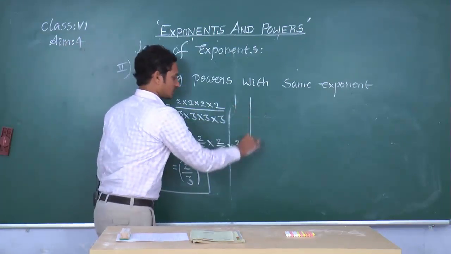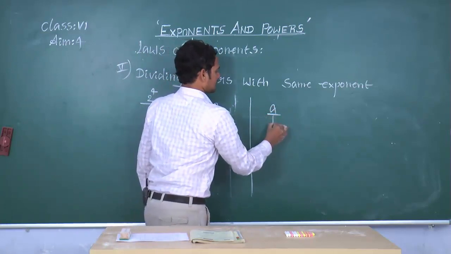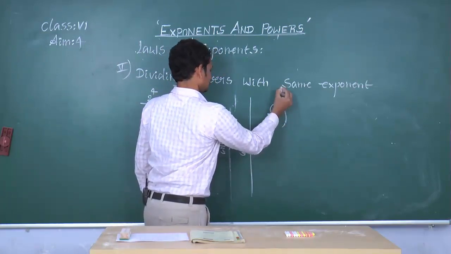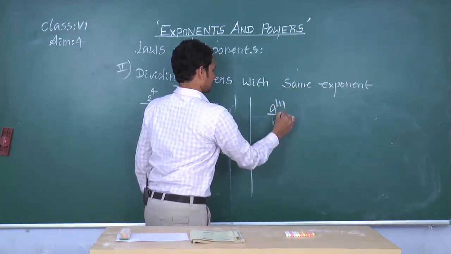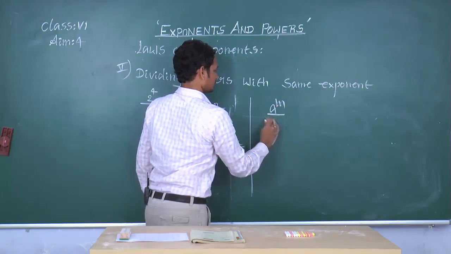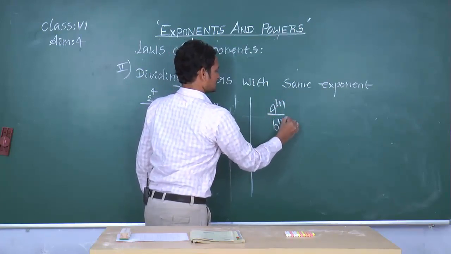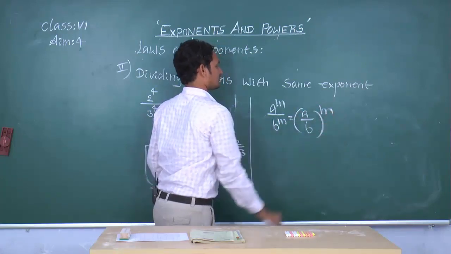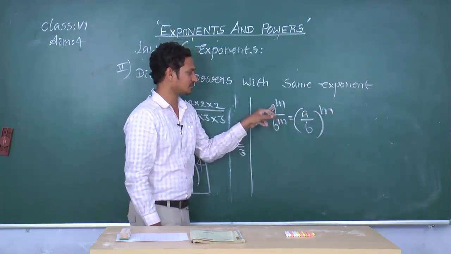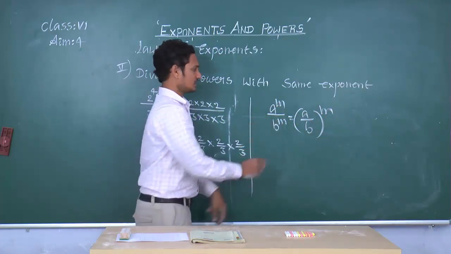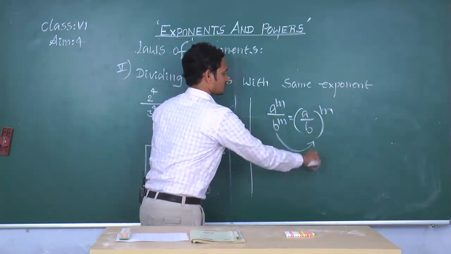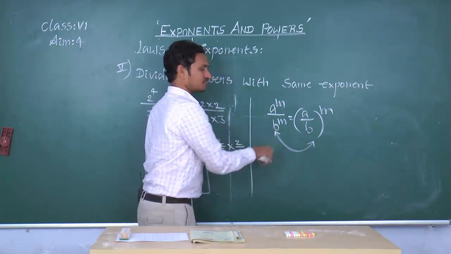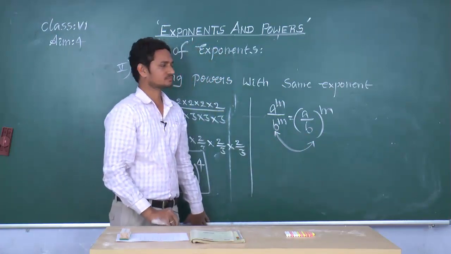Here we can generalize it as a power m by b power m equals a by b whole power m. Sometimes a by b whole power m, we can convert it as a power m by b power m. If it is in this form, we can convert it in the other form.